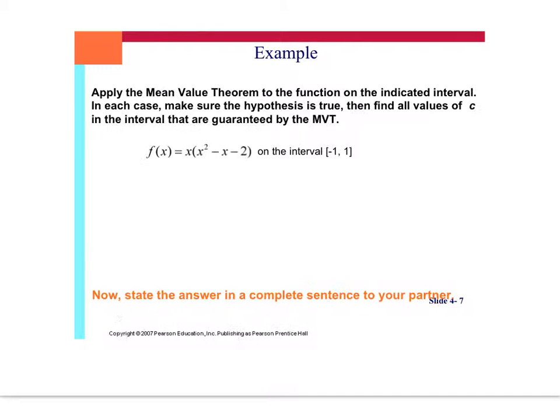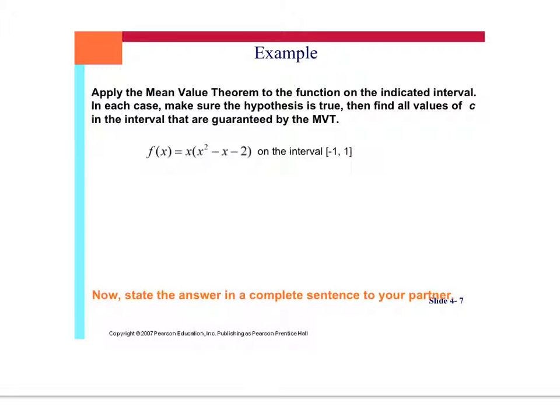Let's look at the next one. Now we are given more of a functional problem. So we have f of x equals x times the quantity x squared minus x minus 2 on the interval -1 to 1. First of all, we have to talk about it being continuous. Well, f of x is a cubic function, and cubic functions are continuous and also differentiable.